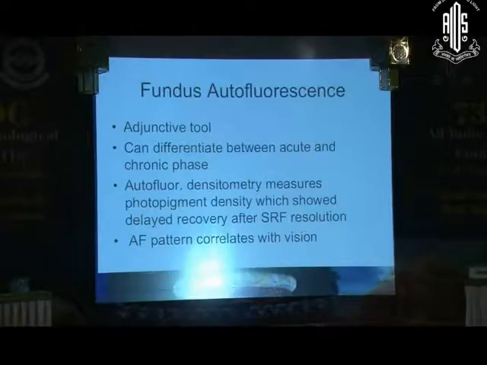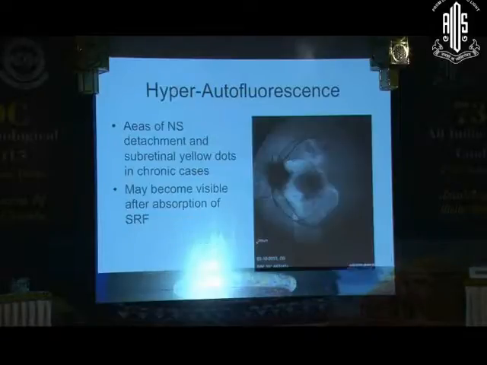So then we come to fundus autofluorescence. This is an adjunctive tool, which can differentiate between acute and chronic phase. Autofluorescent densitometry measures photopigment density, which shows delayed recovery after subretinal fluid resolution. Autofluorescent pattern correlates with vision.